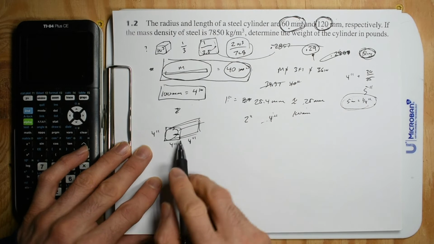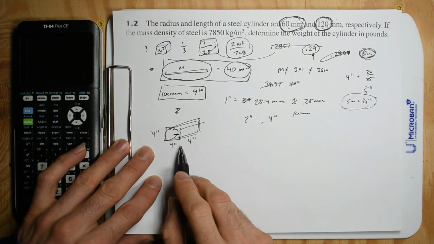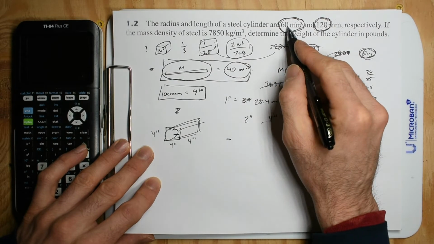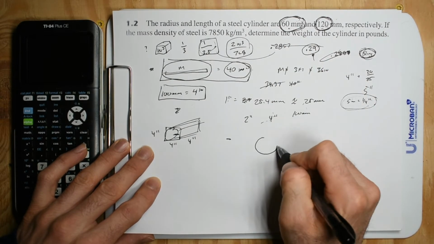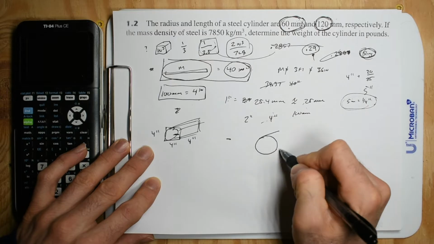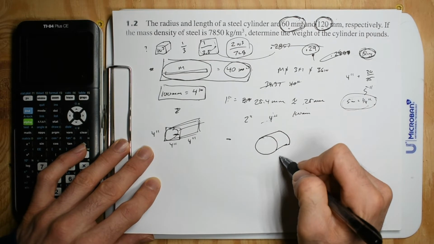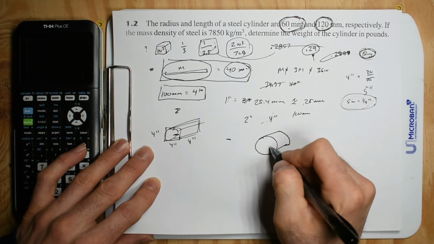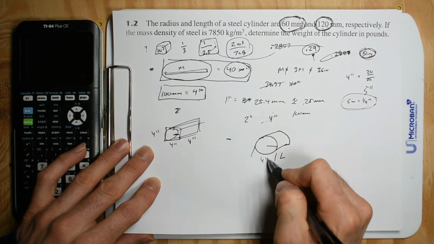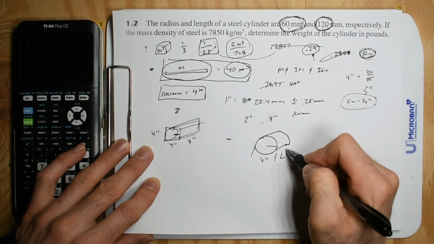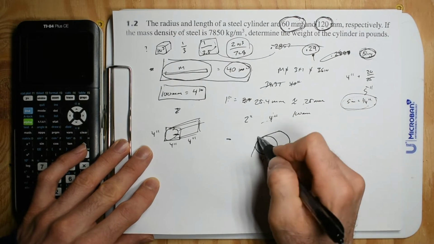It says it's a steel cylinder, but the diameter of the cylinder is the same as its length. It's almost a square plug of steel, and it's more than 4 inches this way and definitely more than 4 inches that way.